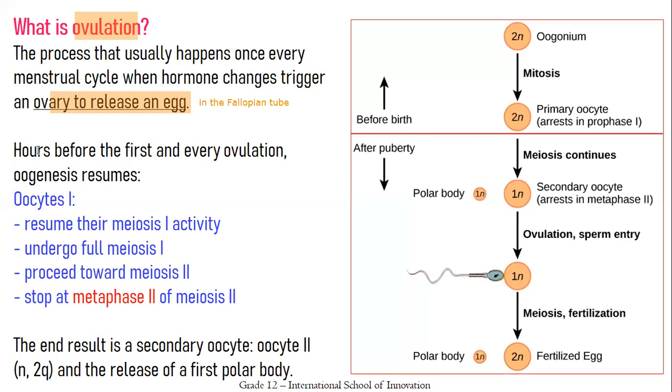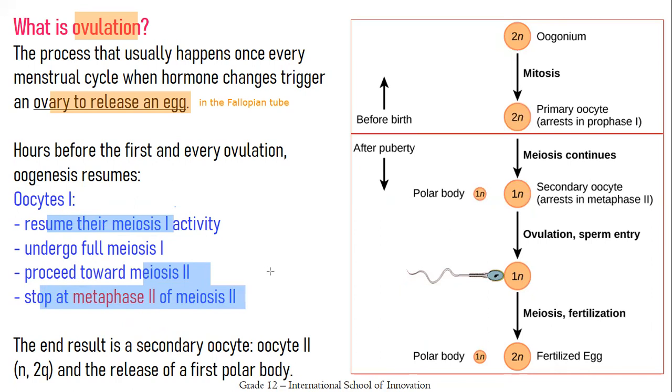At puberty, before each ovulation, oocyte 1 continues meiosis 1, finishes it, undergoes meiosis 2, but stops at metaphase 2 of meiosis 2.